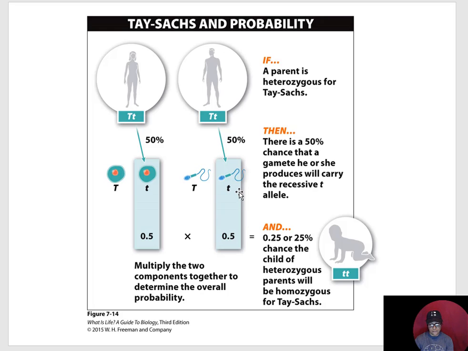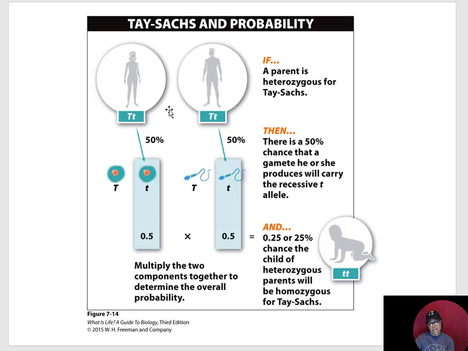Now we want to try to figure out, well, what's the chance that the child of these heterozygous parents will be homozygous for Tay-Sachs and actually express the disease, Tay-Sachs disease, because that is how this is most commonly used, when you have 2 parents who want to know what's the probability of my child actually developing this disease that both parents are heterozygous for.